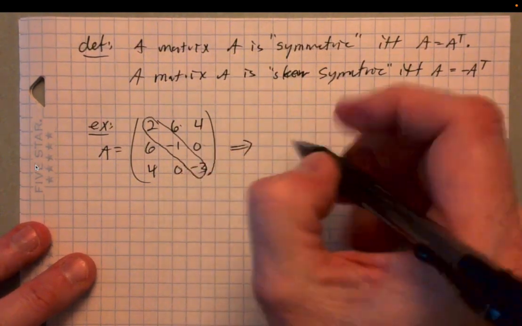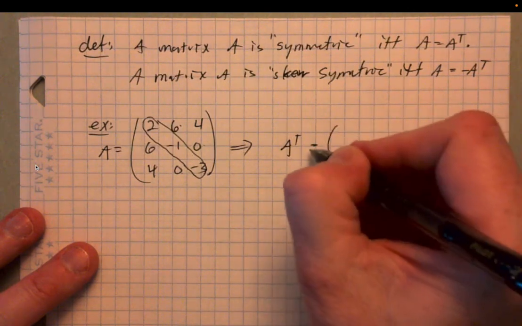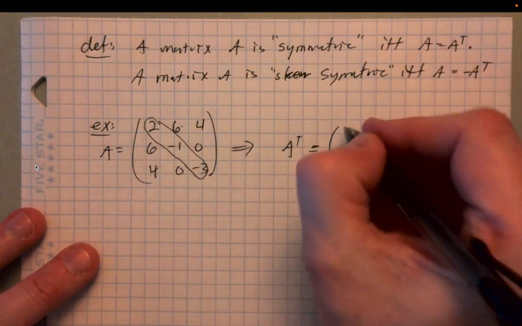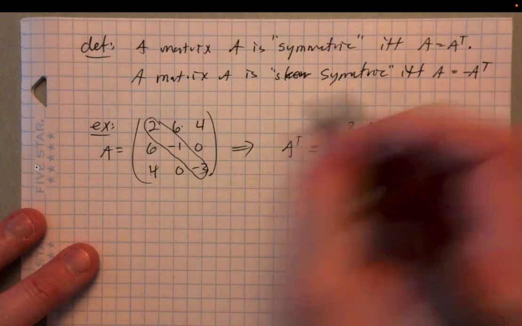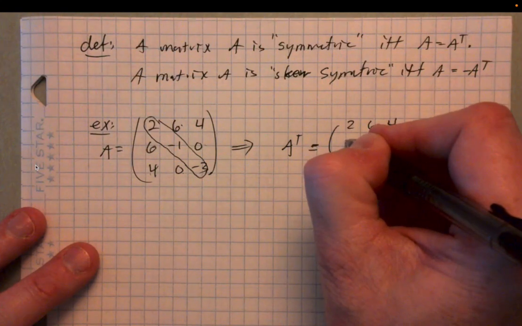What that means is that when you transpose it, you end up getting the same matrix. If I go 2, 6, 4, that becomes my new first row. 6, -1, 0 becomes my new second row.